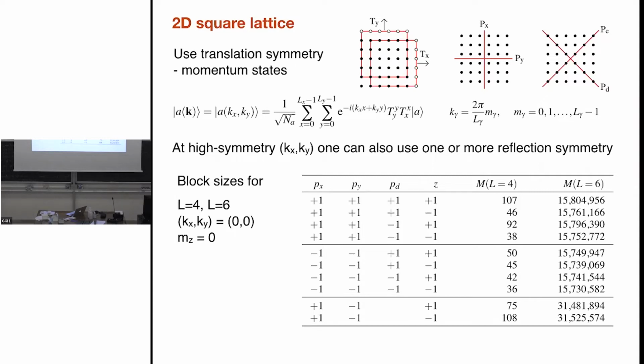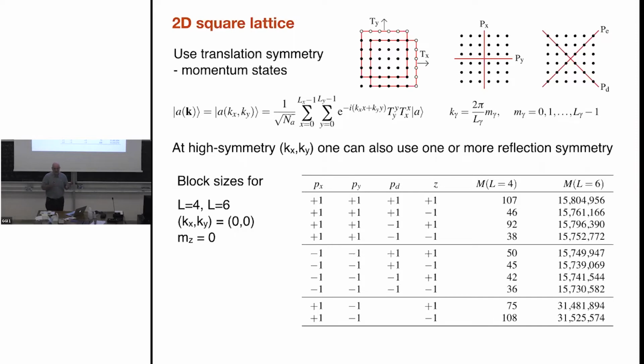And in some cases, one can also exploit this diagonal reflection at the same time as P_x and P_y, but not always. So you see, 4x4 is very easy to do because the blocks are very small. But look here, 15, 16 million states, and in this sector, even 31 million states. So that's doable, with big compute.